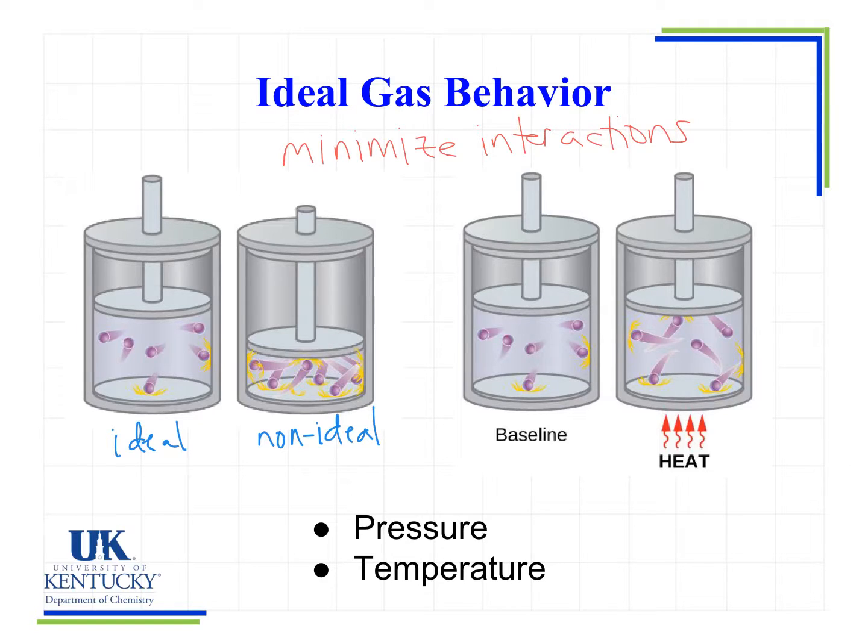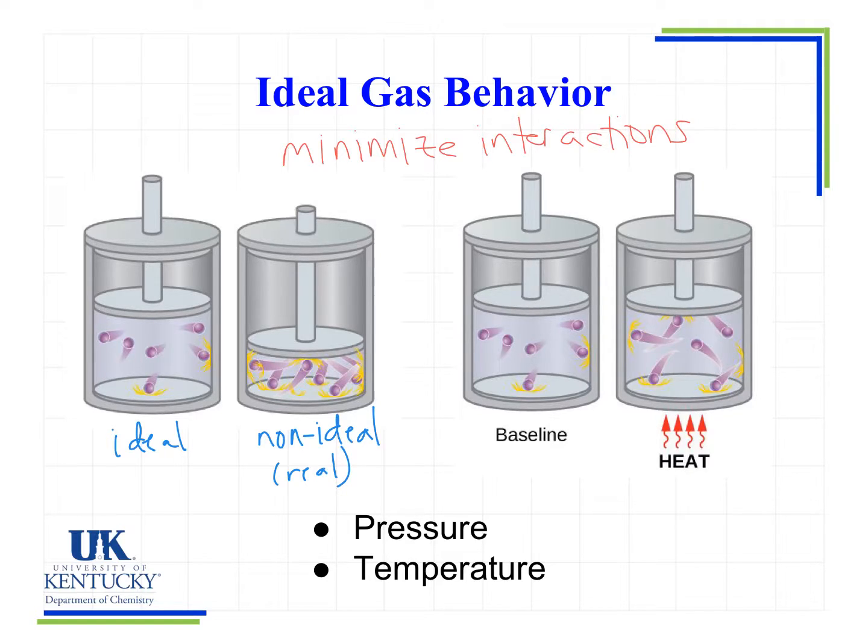There's not a hard line where it goes from being ideal behavior to non-ideal behavior. It's a gradual transition between the two. And so we call this non-ideal or more like real gas behavior, where molecules are actually interacting with one another.